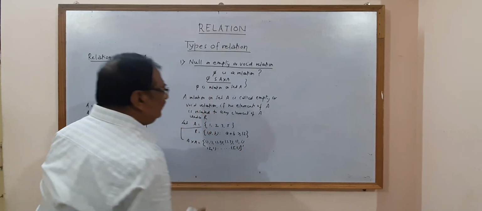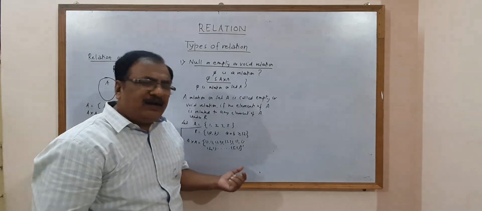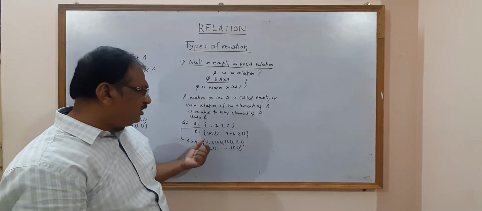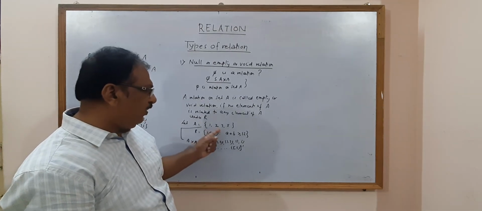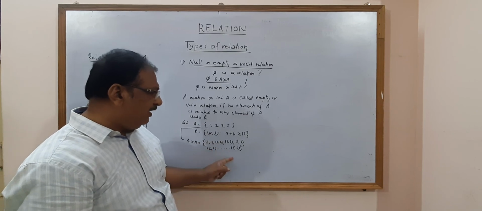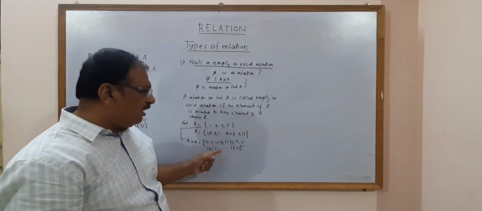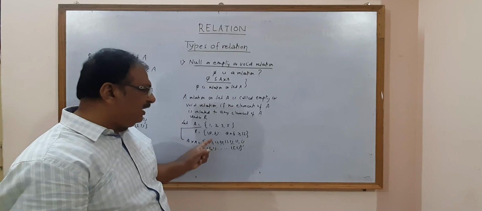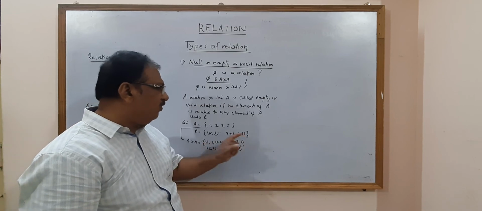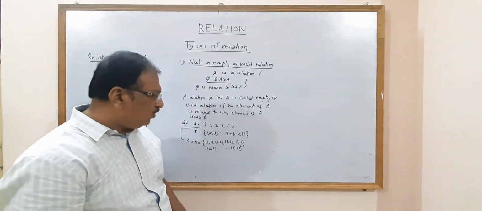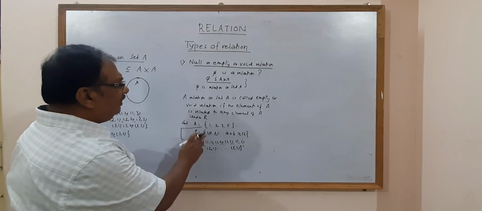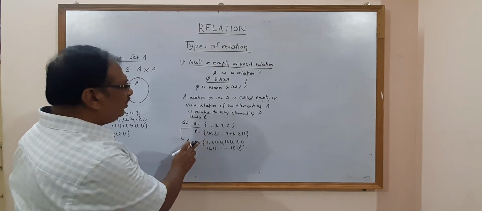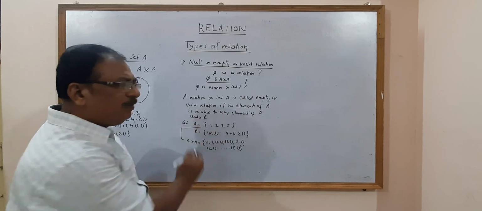In this, altogether how many ordered pairs are there? 4 into 4, 16 ordered pairs. Whether the sum of two elements of any ordered pair is greater than or equal to 10? No. So no ordered pair of A cross A is satisfying the criteria of the relation.